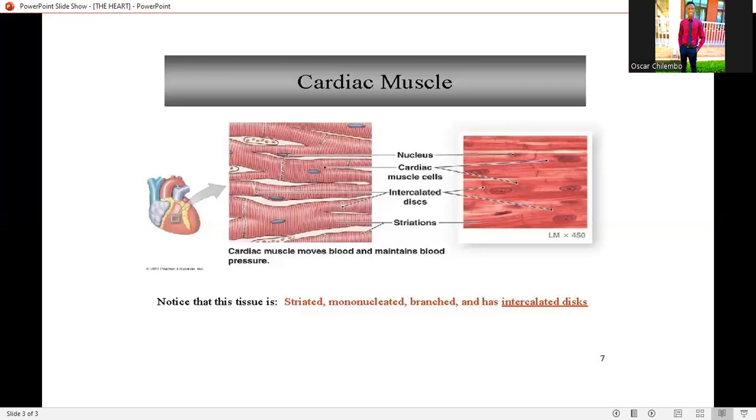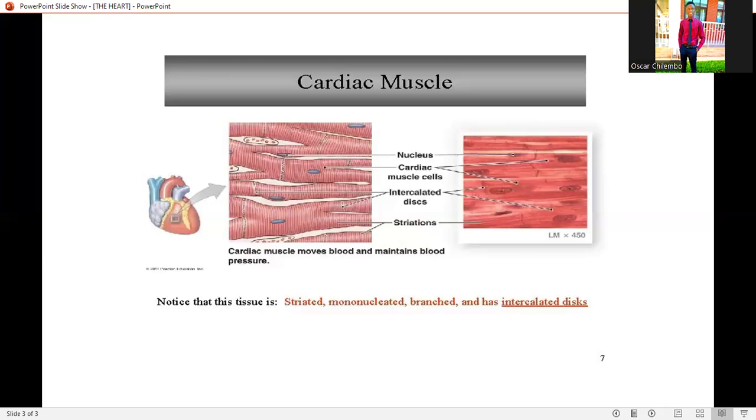The muscles around the atrium are separated from the muscles around the ventricles by what we call the atrioventricular ring, so that whenever there's depolarization in the cells, they do not contract together. First, the atria contract to allow complete filling of the ventricles. Then the ventricles contract so they can push blood.